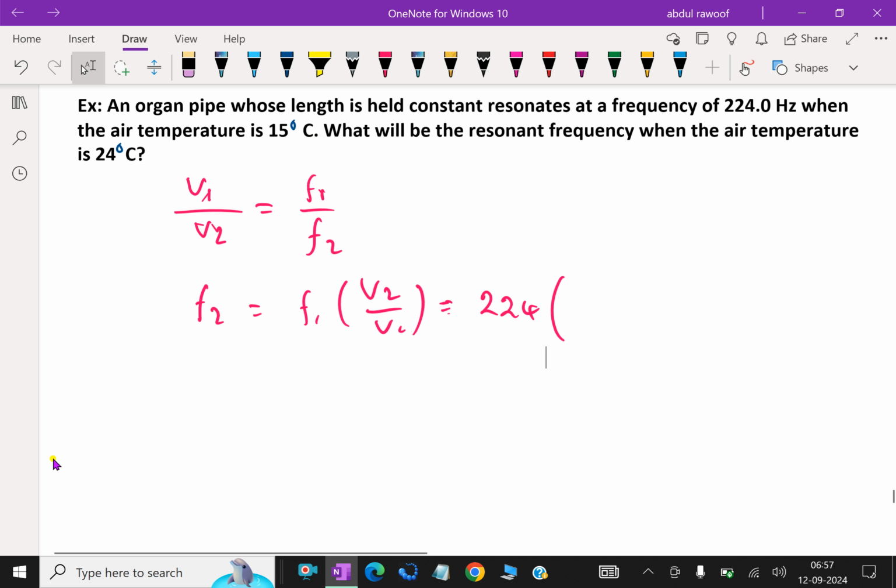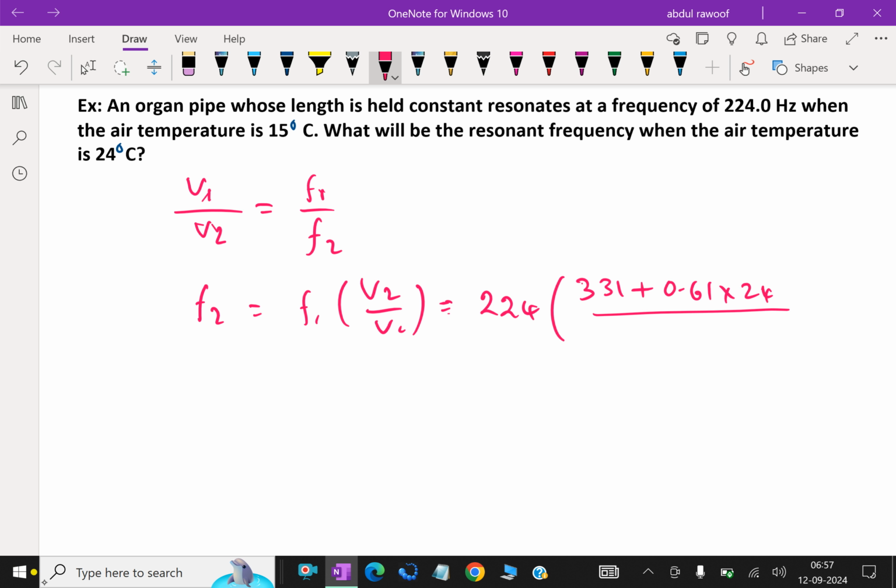Therefore, it changes as 331, that is the speed of the sound, plus 0.61 into 24 degrees, divided by the same 331 plus 0.61 into 15 degrees.